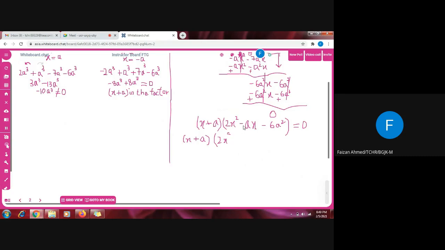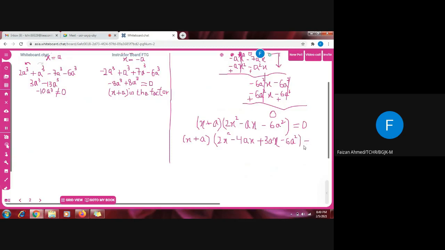Since the middle term is negative, I will give the bigger factor the negative sign: negative 4ax, and the other will be positive plus 3ax, and the remaining term will be copied as it is, minus 6a square equals to 0.